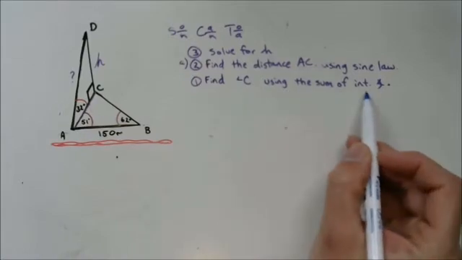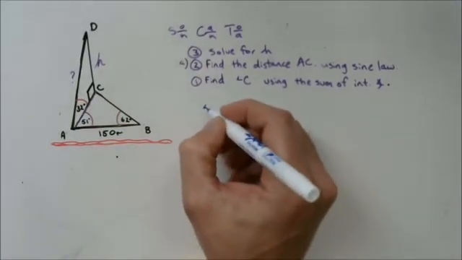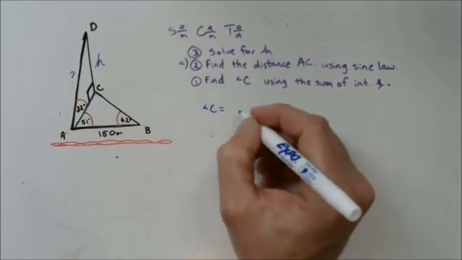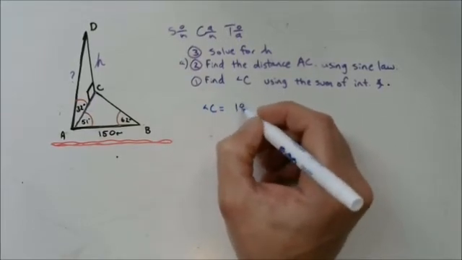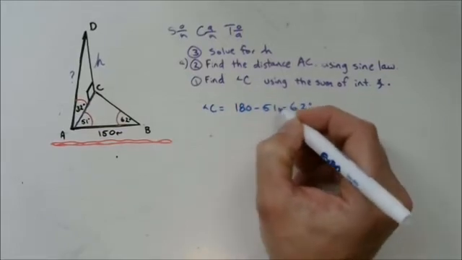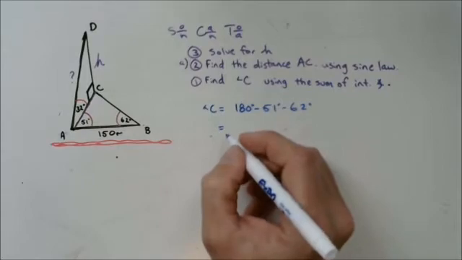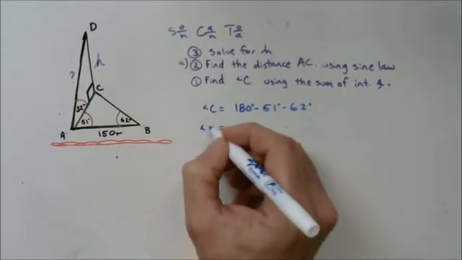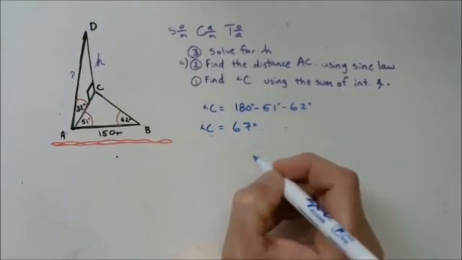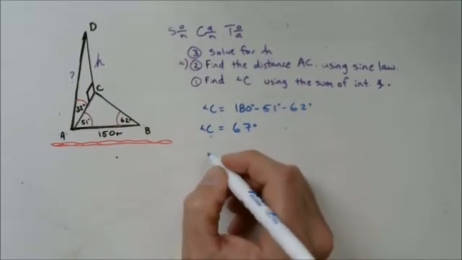First thing we're going to do, find the measure of angle C by using the sum of interior angles. So the measure of angle C is equal to 180 minus 51 minus 62. So the measure of angle C is 67 degrees. Once we have that, we can now use Sine Law.